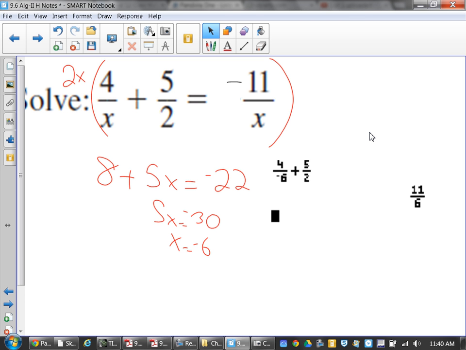Oh, it's negative 6. So is this a valid statement? Is that the same as negative 11 over negative 6? Yes. So did it work? Yes. There are little subtle nuances about checking your work to make sure it works, because sometimes the value of x that you find may look like it's a solution, but yet it's not a solution. It's called an extraneous solution if that occurs. It's an answer, but it's not the right answer.